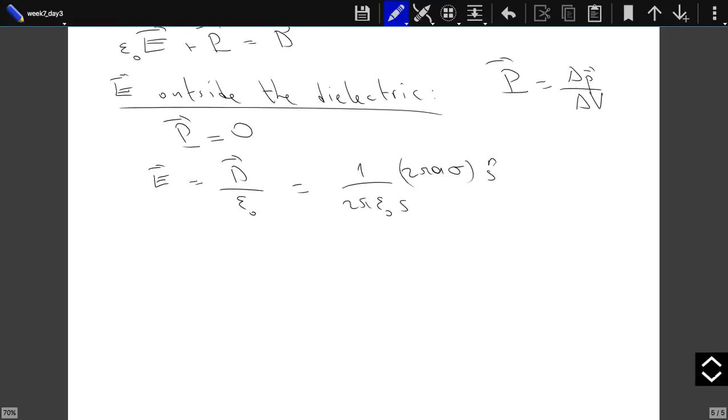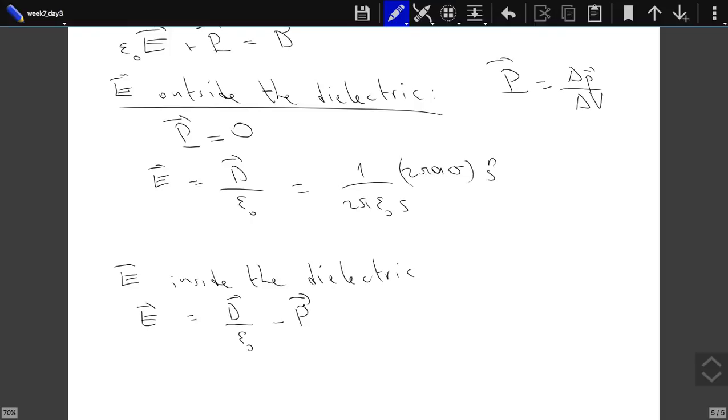Inside the dielectric is another story. Because the electric field inside the dielectric will be D over epsilon 0 minus P over epsilon 0. What is P inside the dielectric?